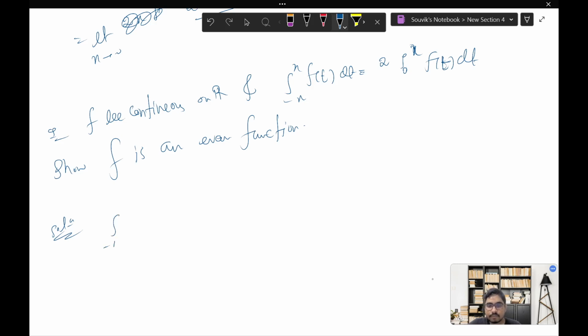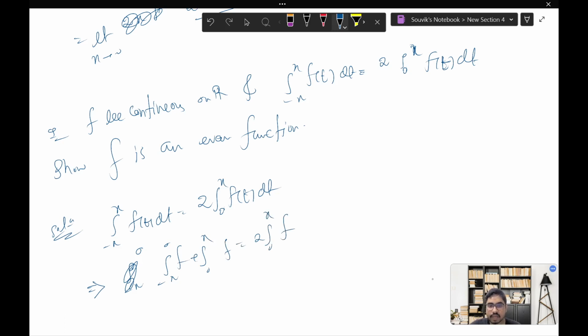So it is given that the integration from minus x to x of f dt is equal to the integration of x f dt. This implies the integration from minus x to 0 of f plus the integration 0 to x of f is equal to the integration 0 to x of f.